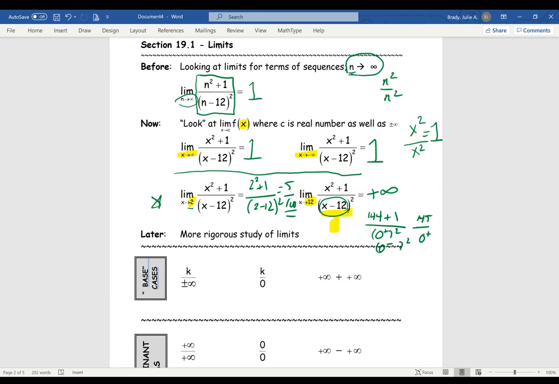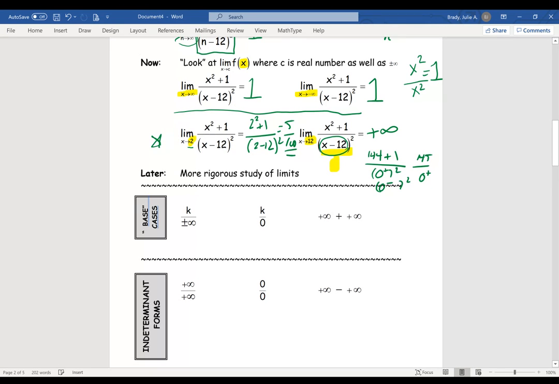Okay, so what is super helpful for me, and your book doesn't talk about it, is when I'm trying to look at the limit, I may do some algebra, but sometimes I'm thinking about these base cases. This is a Miss Brady word, base cases. I've never seen this word, but this is how I think about it. Here's something I know because of my arithmetic skills.